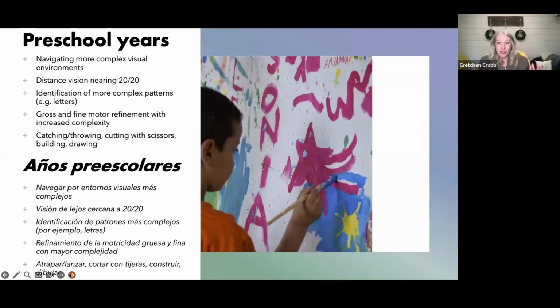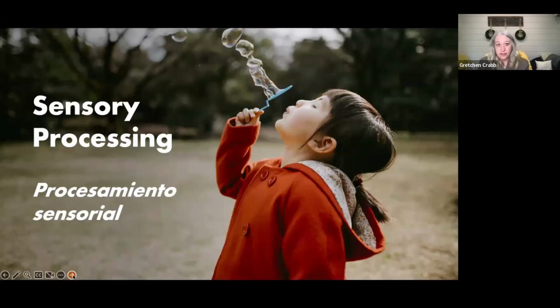As they begin to improve their visual perception, as they improve all of their other developing senses, you start to see more refinement in their drawings. I should also say that most visual development is fully established by 5 to 7 years of age. So these first early years are critical in thinking about visual development and offering opportunities that meet the child where they're at developmentally.